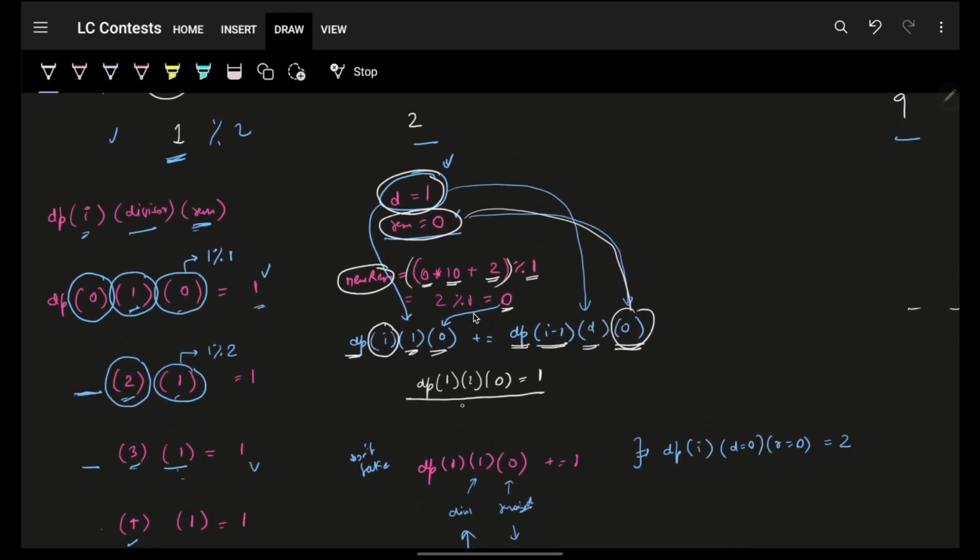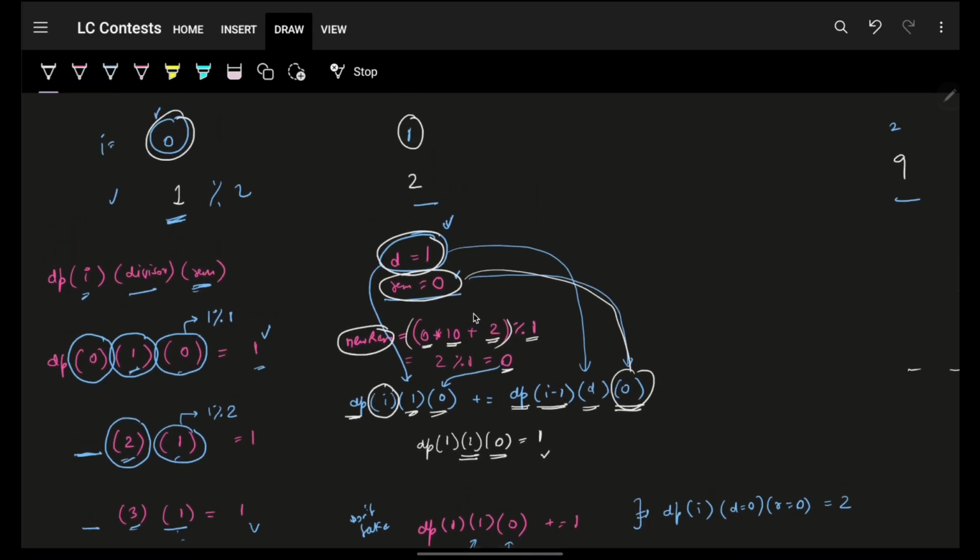This means that ending at index 1 with 1 as the divisor and 0 as the remainder, I will get one substring.